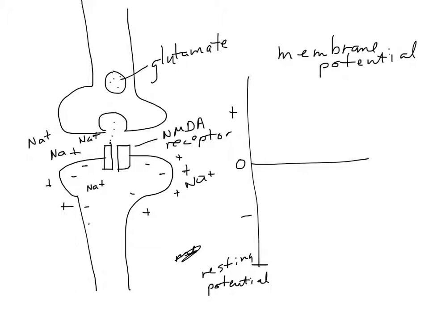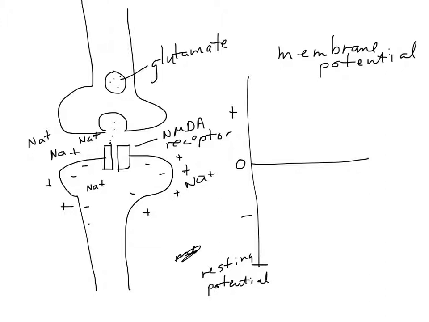And so what happens is when the NMDA receptor is bound to by glutamate neurotransmitter, the sodium channel opens up, and this is what we call a voltage-gated channel. The sodium then will flow in because there's a higher concentration of sodium on the outside than there is on the inside.